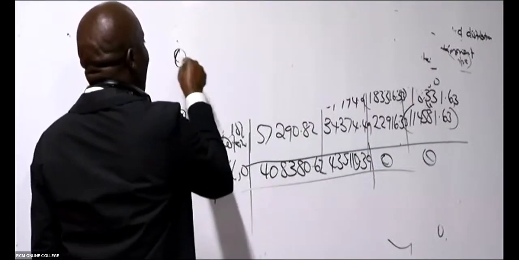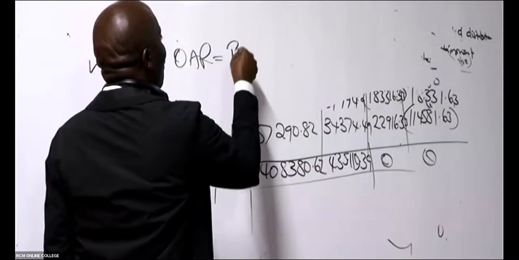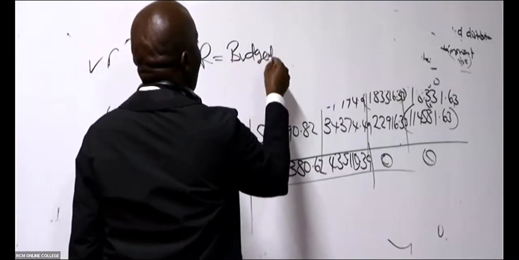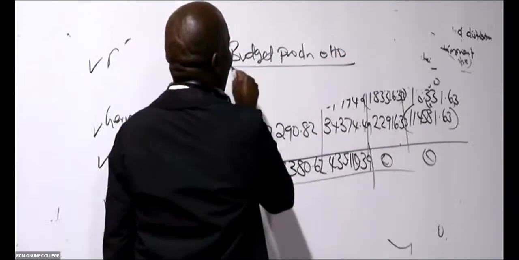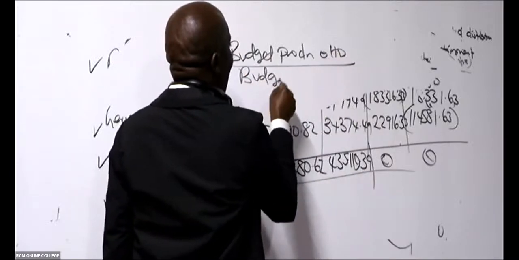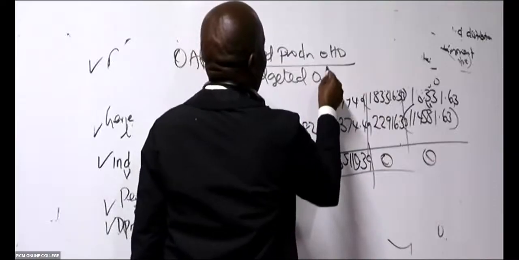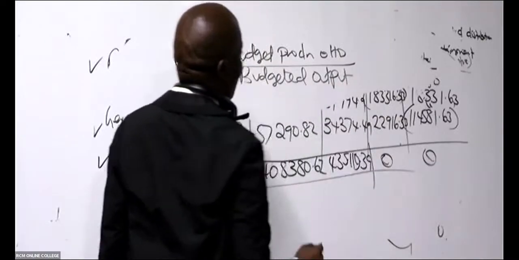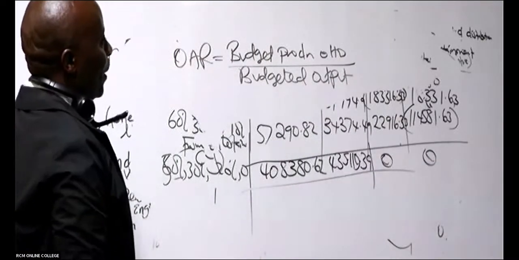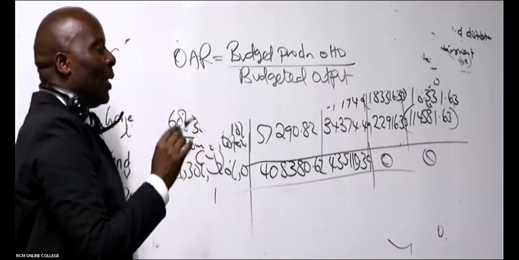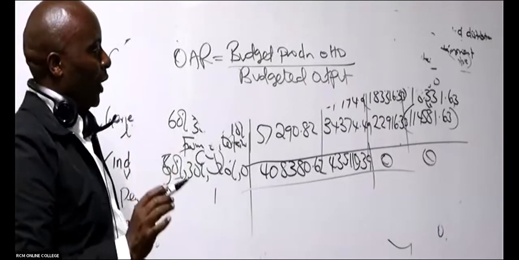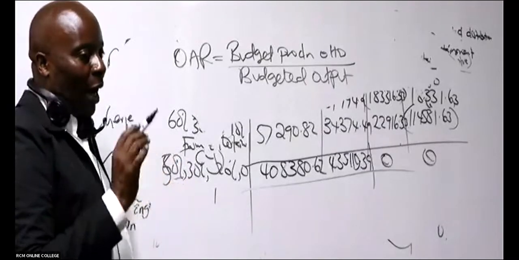To get overhead absorption rate, we normally take the budgeted production overhead divided by budgeted output. Anytime they want us to get overhead absorption rate, we normally take budgeted production overhead over budgeted output.